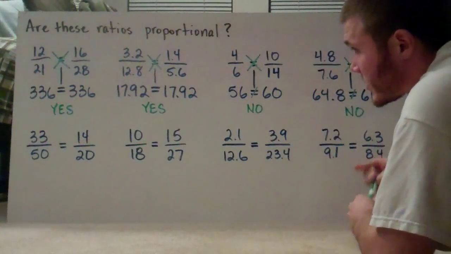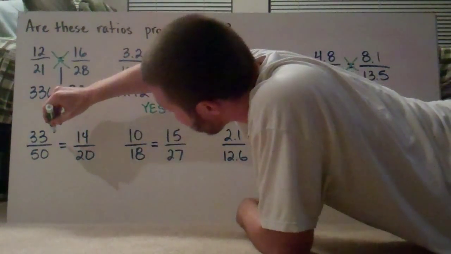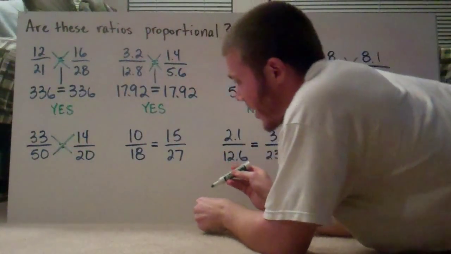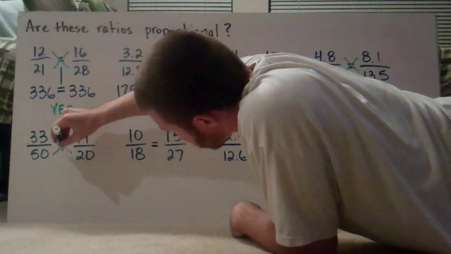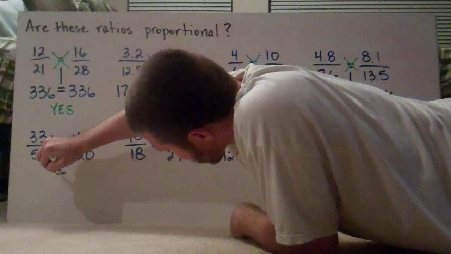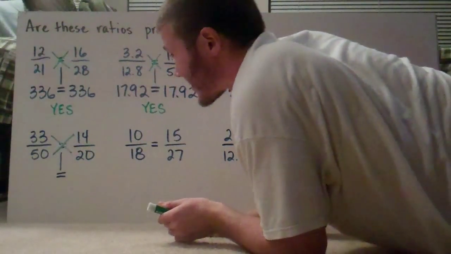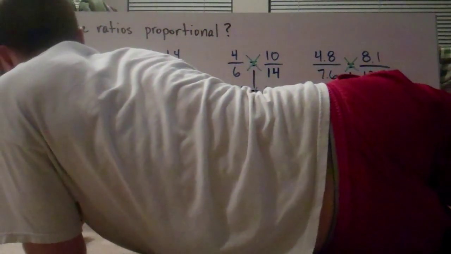First thing I'm going to do, the only thing I'm going to do, is cross multiply. Got 33 times 20 and 50 times 14. So I'm going to bring that equal sign down. That's still going to be there. When I do 33 times 20, I'm going to get 660. So, write 660.